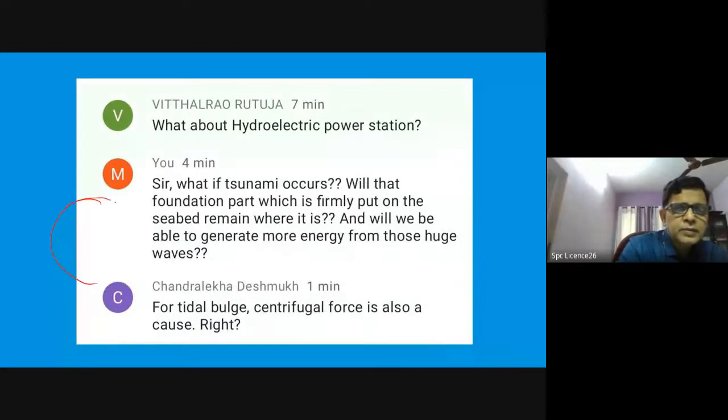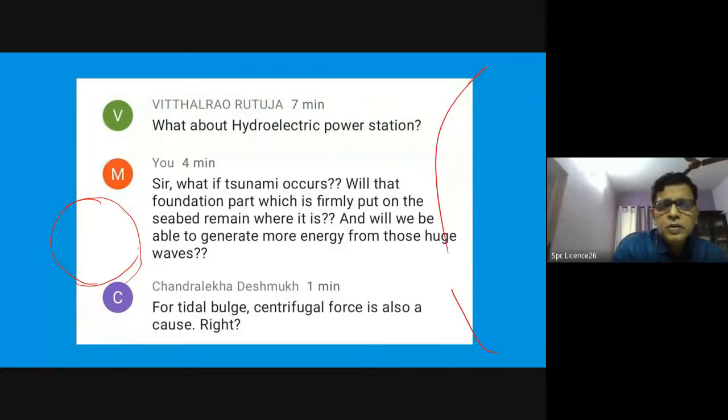If this is the Earth, and let us say somewhere here is the sun, and the sun is going to pull the waters towards it. I'm sorry, I'm drawing on it, but that should not be any problem. When we speak about the centripetal force, that's the gravitational force, it is with reference to the center of the Earth.